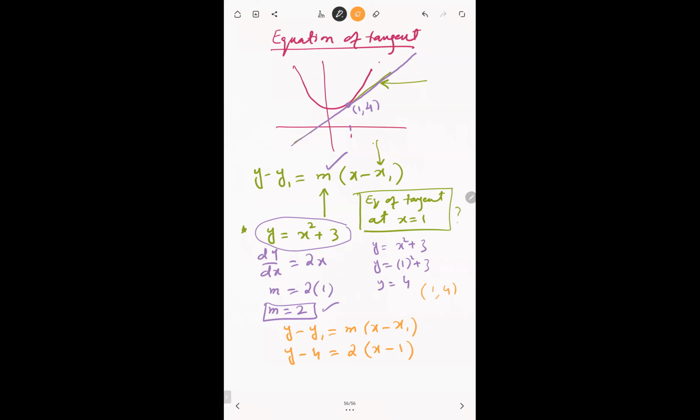This is the equation of the straight line. We can simplify this to y minus 4 equals 2x minus 2. If you bring 2x here, you get y minus 2x equals 2. So this is the equation of the tangent. Now, a lot of coordinate geometry will also be involved in this topic.